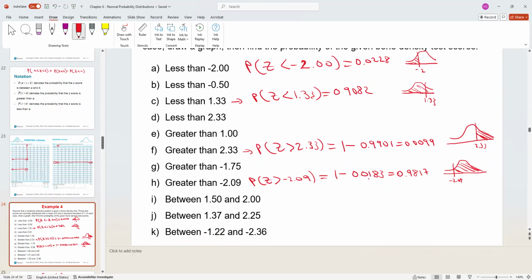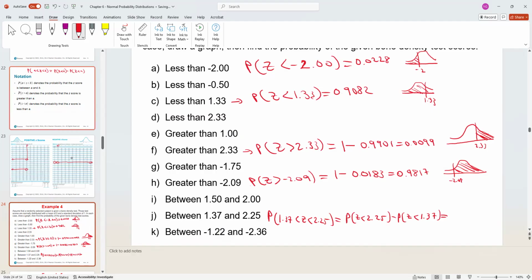Look at between. For us, Z is between 1.37 and 2.25. What you need to do is the probability that Z is less than 2.25 minus the probability that Z is less than 1.37. Remember, if you see less than, that means you take exactly what you find in the table.